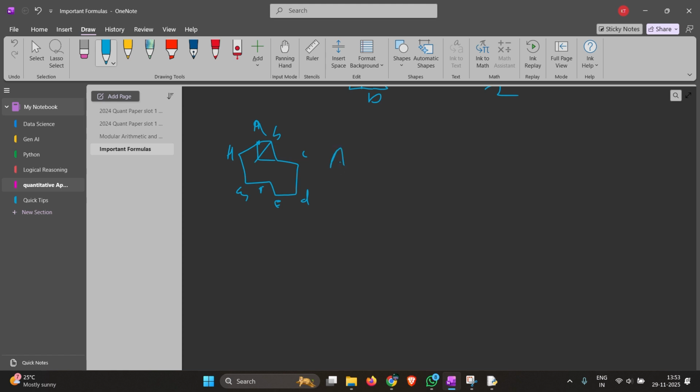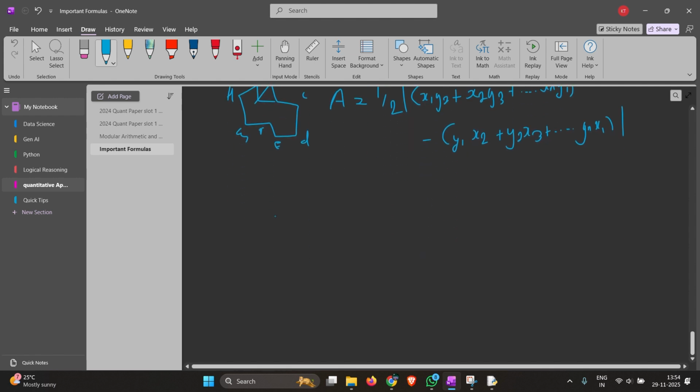But there is also a simpler shortcut formula: area equals half modulus of x1 y2 plus x2 y3 plus dot dot dot xn y1 minus y1 x2 plus y2 x3 plus dot dot dot yn x1. So using this formula you can easily find the area of any polygon.